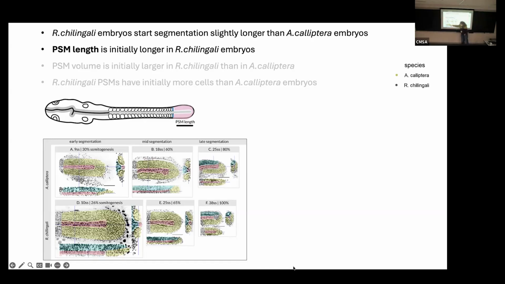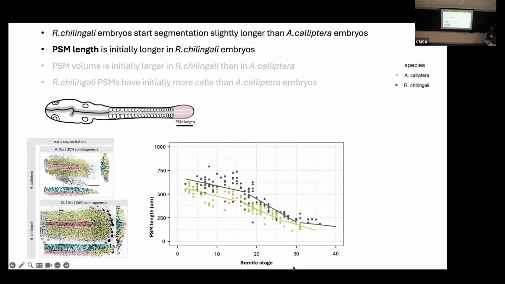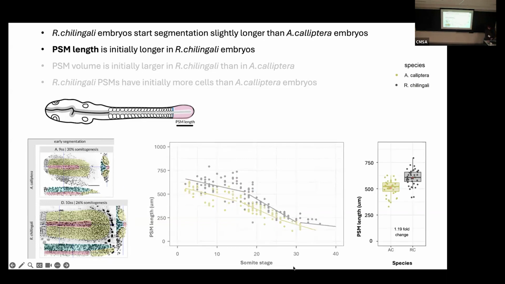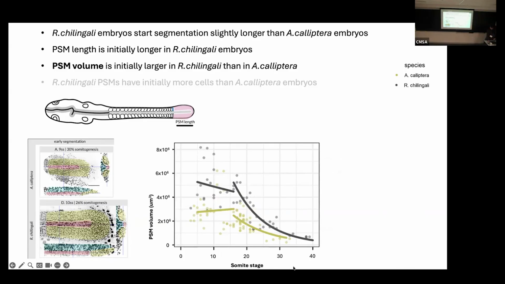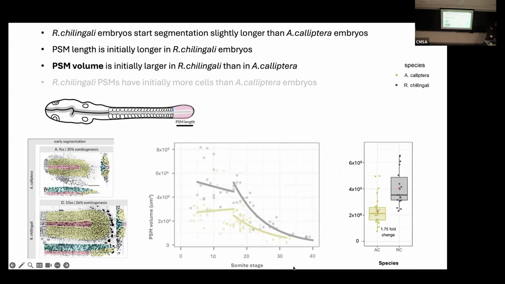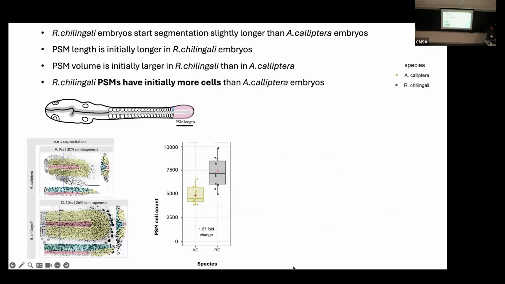You can see this by eye already at 9 somite stage versus 10 somite stage. When we quantify this, we see that the Rhamphochromis PSM is larger in every dimension that we measure. It's larger in length, a 1.2-fold difference, and much larger in volume, a 1.75-fold change, and it has more cells, a 1.57-fold difference.